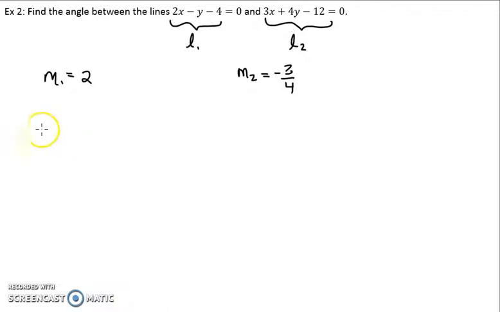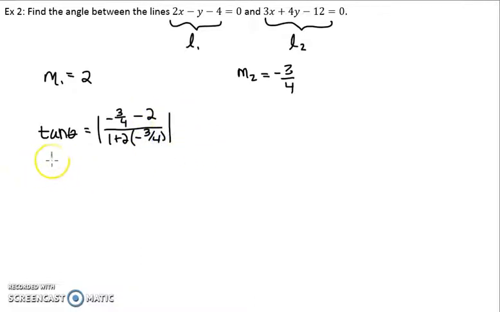So to find the angle between those two lines, we're going to say that the tangent of theta is going to be equal to the absolute value of m2, so negative 3/4, minus m1, so minus 2, divided by 1 plus m1, which is 2, times m2, which is negative 3/4. So simplifying that a little bit, we're going to get tangent of theta is equal to 11 halves.